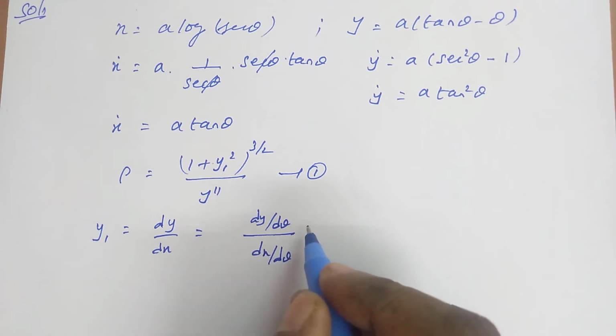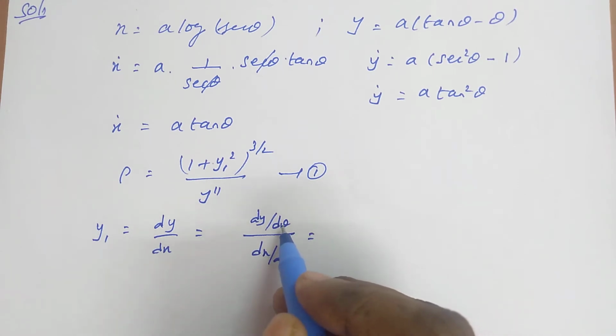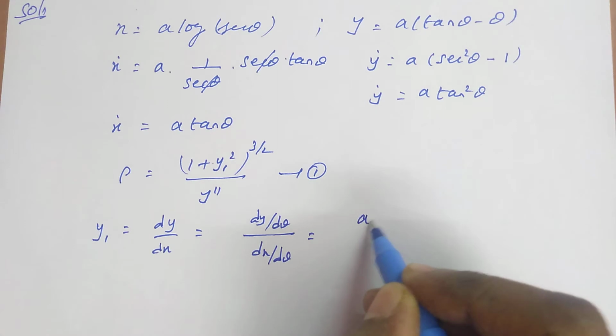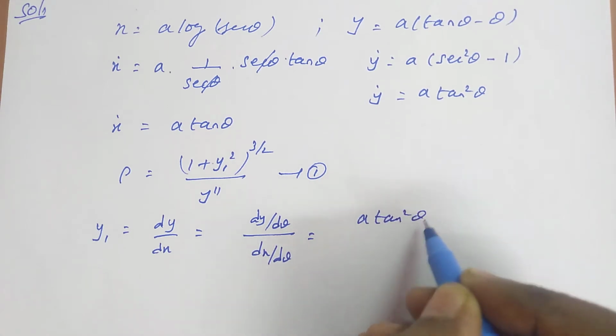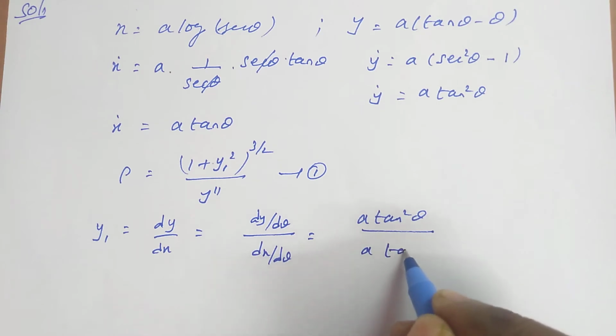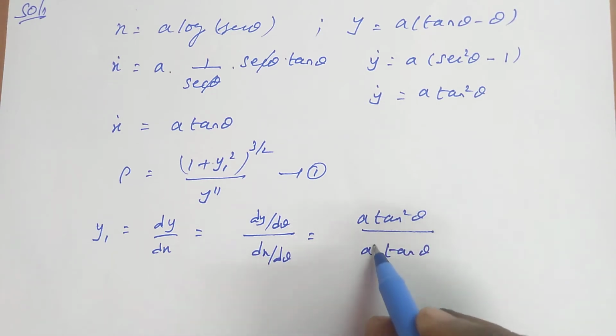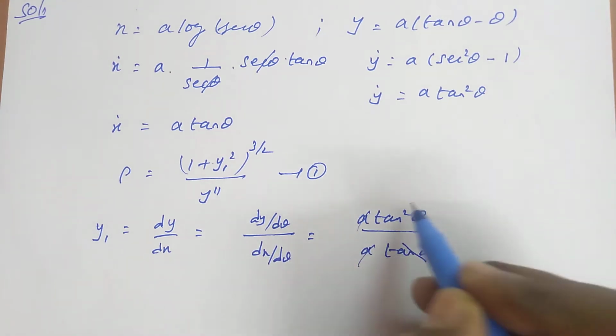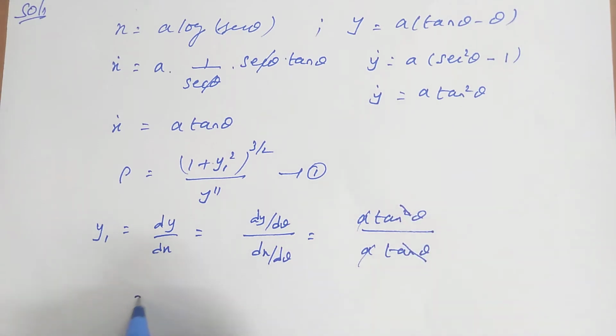Because the curve is given in parametric form, dy by d theta is a tan square theta divided by dx by d theta, which is a tan theta. So we can cancel the a and tan theta with the power. So we get our y1 as tan theta.